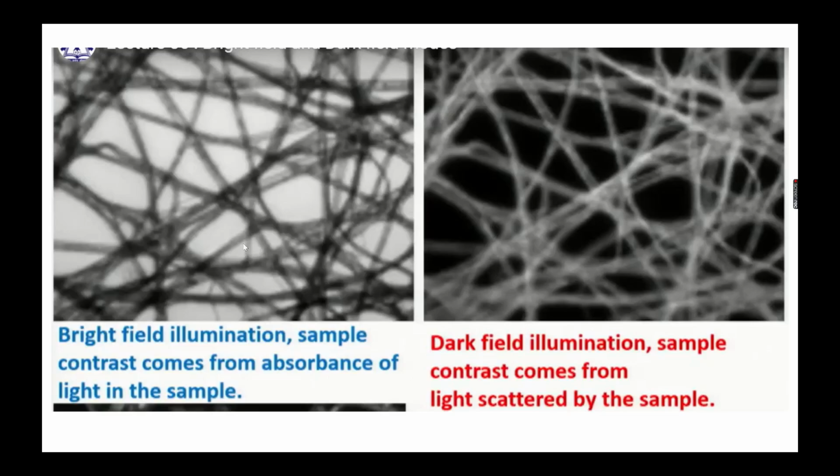Also you can see the background intensity here. This is the bright field illumination. Maybe you have gone through it in the lectures, but I will show you with this image. This is the bright field image, and this is the dark field image. Here the background intensity is high because this is a bright field, and here the background intensity is low because this is black. You are clearly able to see which one has better contrast, which one gives a better view.